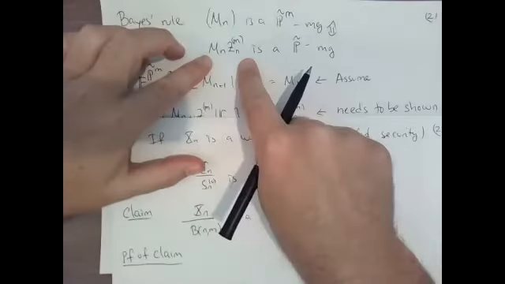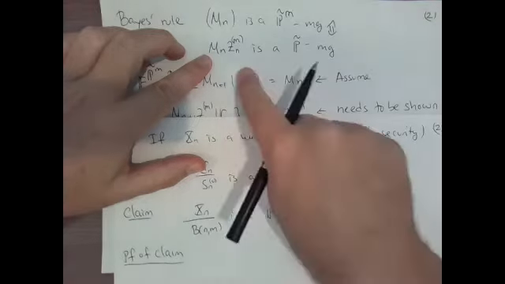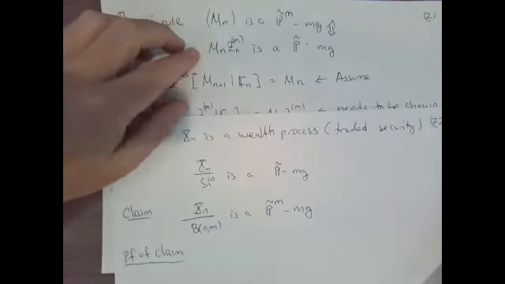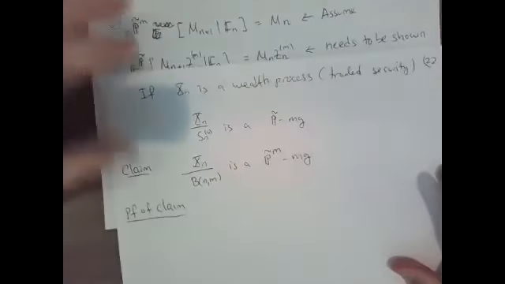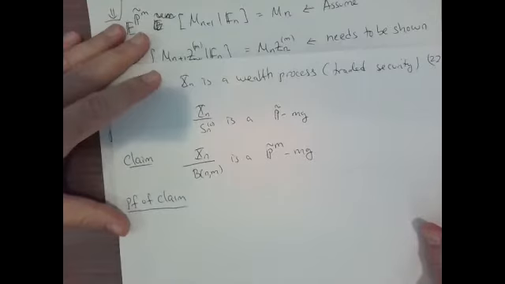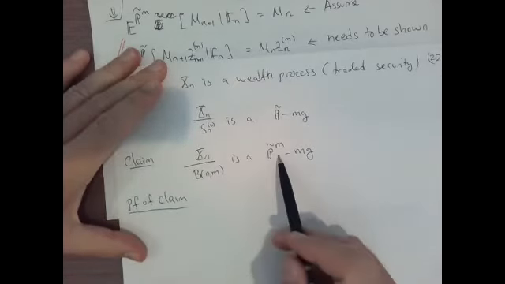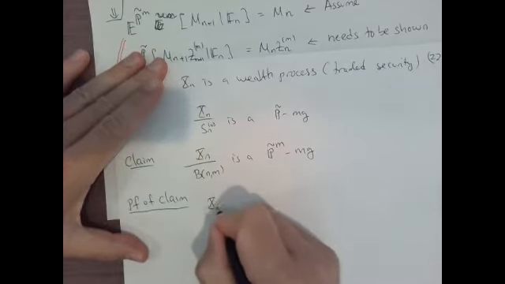It's exactly that scenario that I have up here. I know something is a martingale on the P tilde, but I want to get a martingale property on the P tilde M. So if I'm claiming that this is a P tilde M martingale, what's the proof?